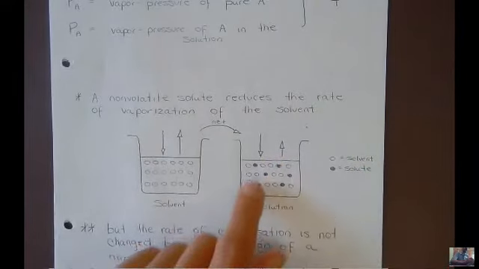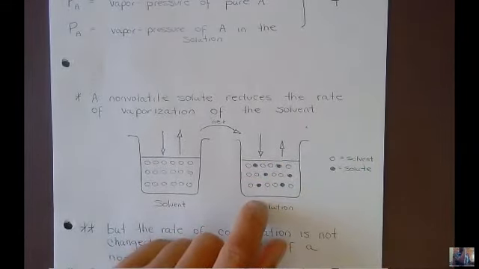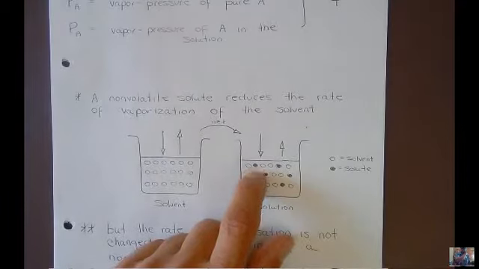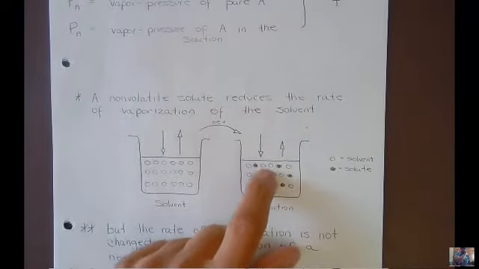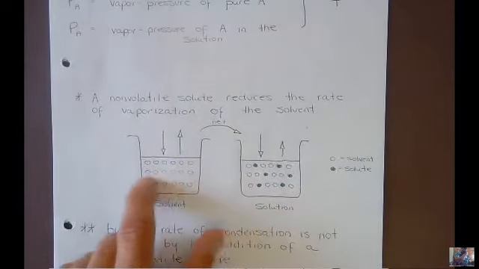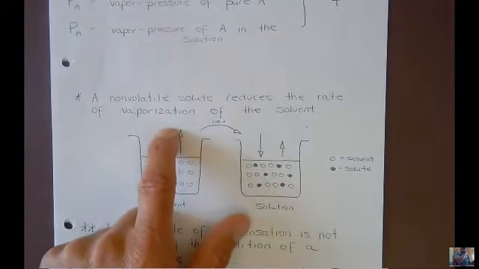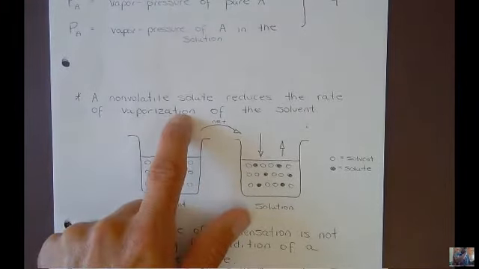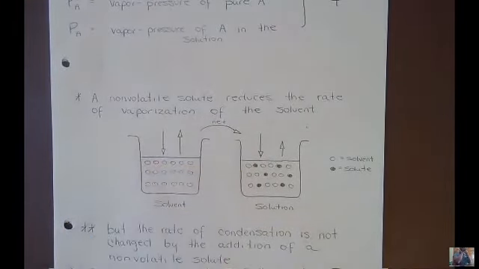Once I put those guys in there, what happens? They can't evaporate because they're non-volatile, right? They have a very high molar mass. They're not going anywhere. It's something like lead or salt or sugar. Only the guys that aren't colored in can evaporate. So here's the rate at which they evaporate. This is the evaporation, and this is the recondensation.